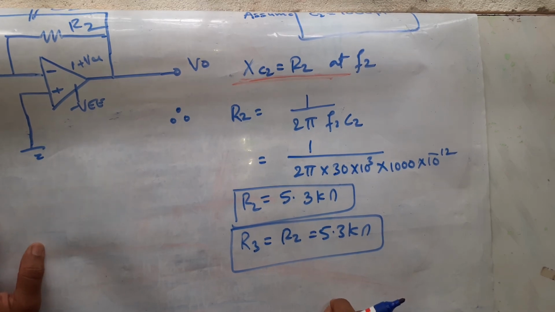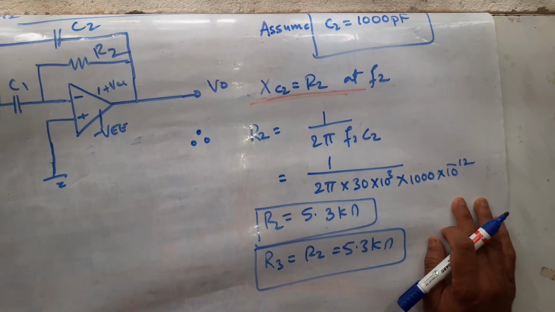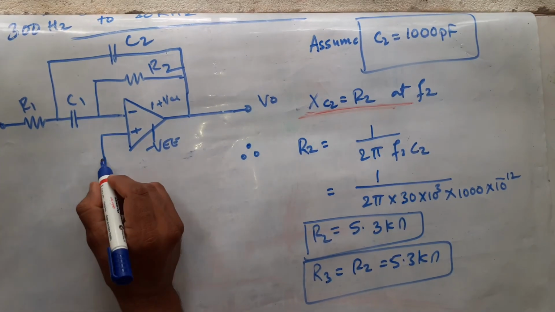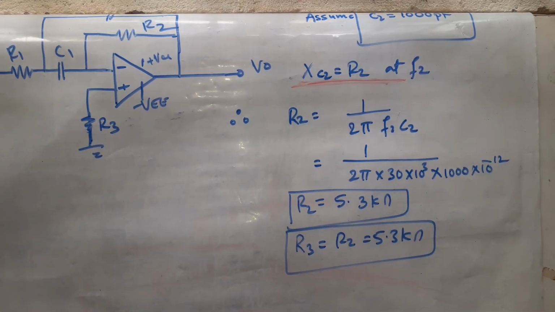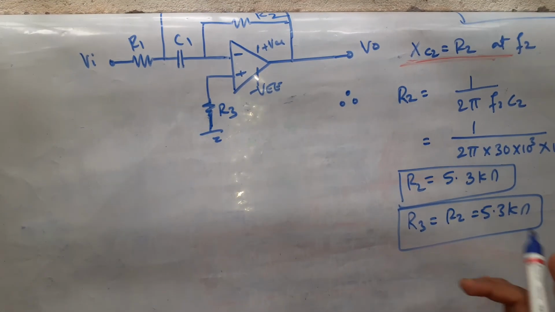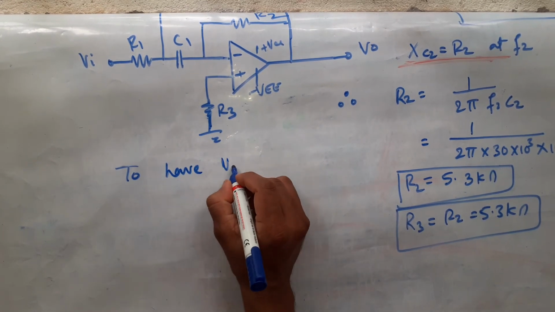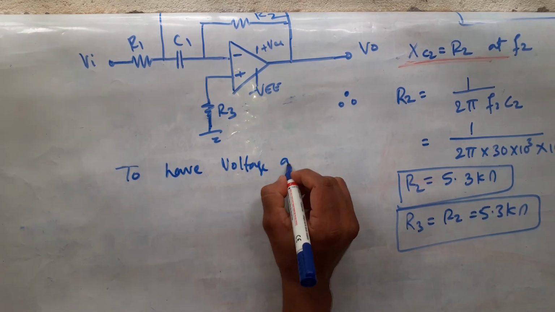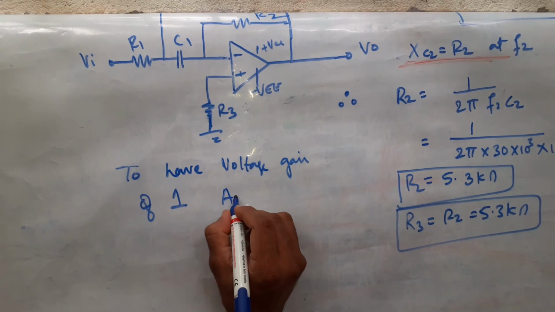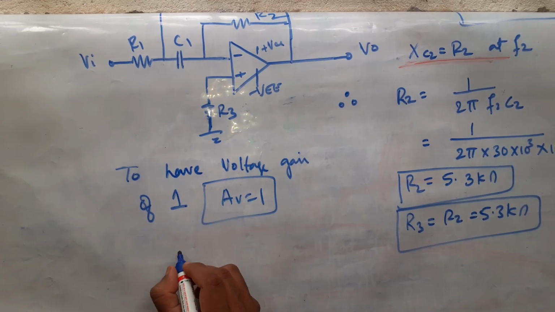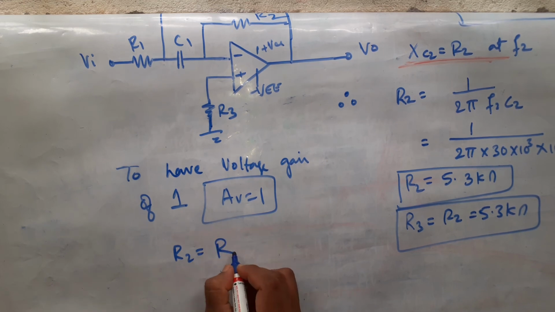Feedback resistance equal to R3, right? See, R3 I have missed here, this point. R3. Yes, now to have voltage gain of 1, means AV equal to 1, our feedback resistance should be equal to input resistance, right?